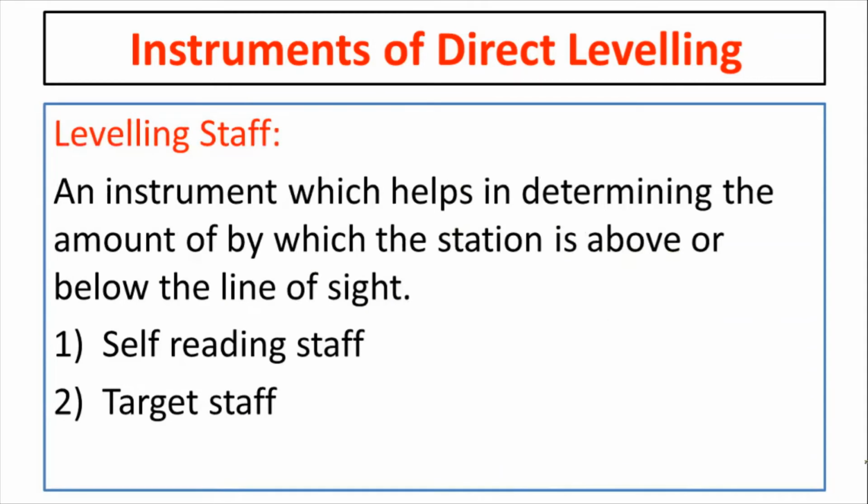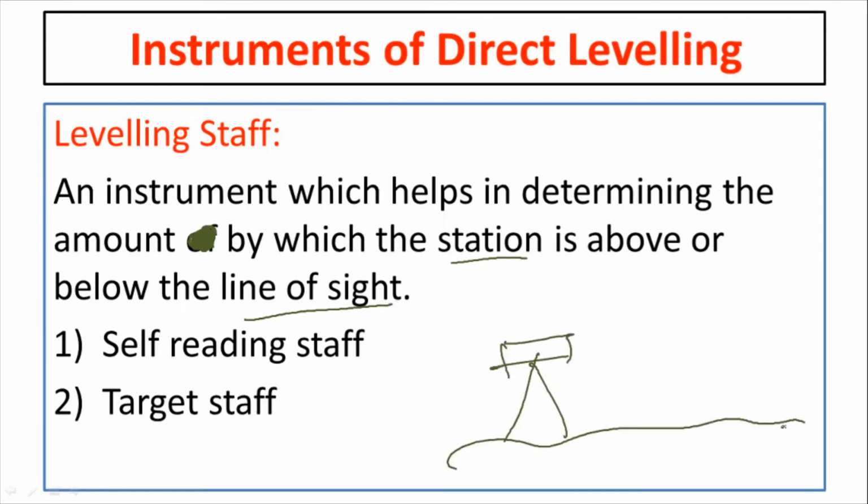Then the next instrument is the leveling staff. This leveling staff is an instrument which determines the distance between the station and the line of sight. Suppose this is the instrument we are keeping here, and here there is the station. Your line of sight is like this. Using the staff, we can determine the distance between the line of sight and the station.